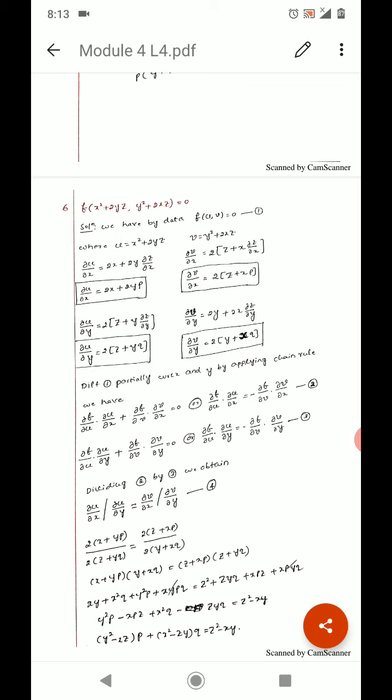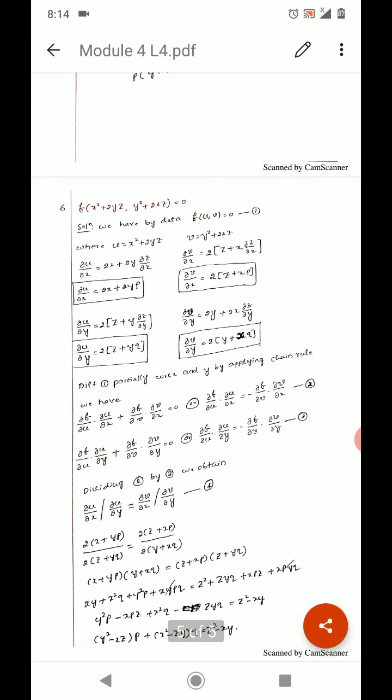So keep 2 outside, differentiation of x is 1, so z is the second function, keep it outside, plus keep first function x as it is, and differentiation of z is del z by del x. So finally del v by del x is equal to 2 of z plus xp.